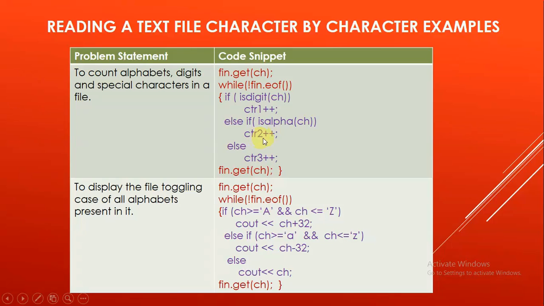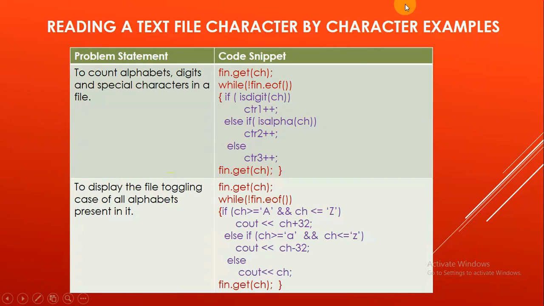If it is, it will increment the ctr2 variable by 1, and otherwise, if it is not a digit and not an alphabet, I will increment another control variable ctr3 by 1, and then I will read the next character. This loop will continue until the end of file is reached, and for each character I have read, I will check whether it is a digit, alphabet or any other character. So this is how you can do it.